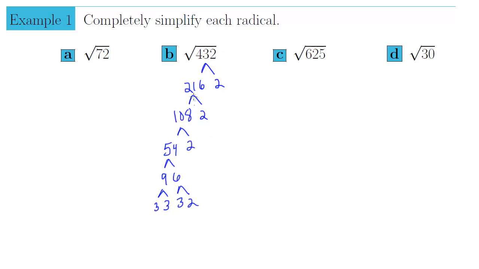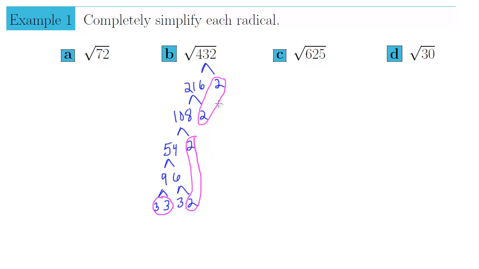Now, let me go ahead and save a little bit of time by looking for my identical factors right here in the factor tree. Okay, 432 has a pair of identical 2's right here. It has another pair of identical 2's right here. And then it has a pair of identical 3's.